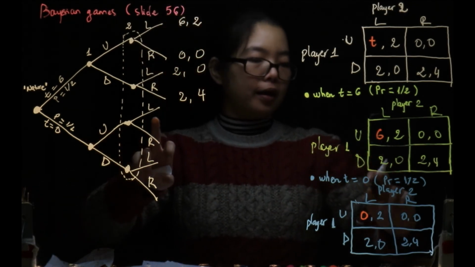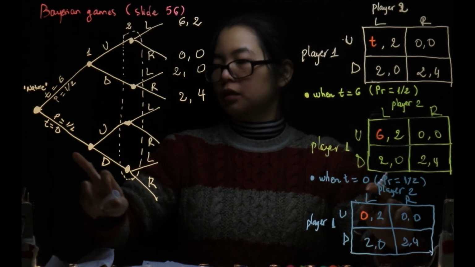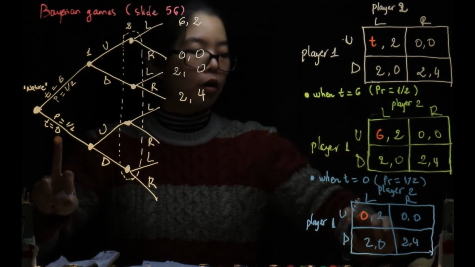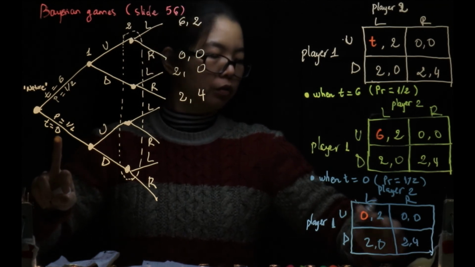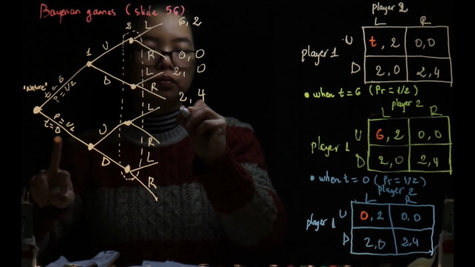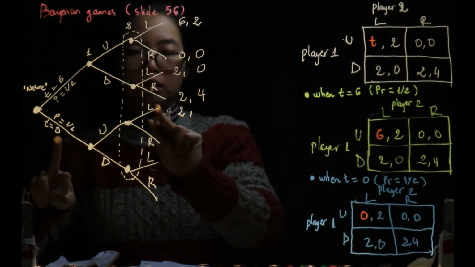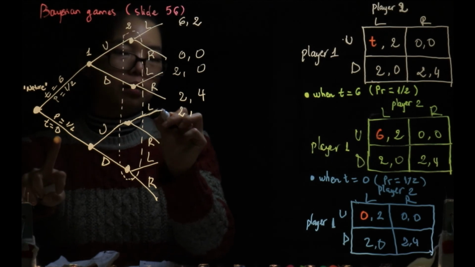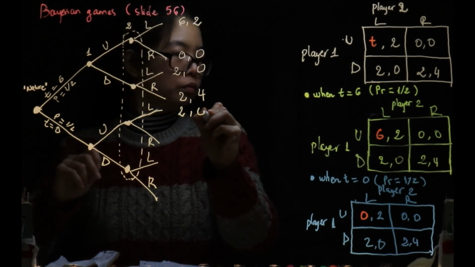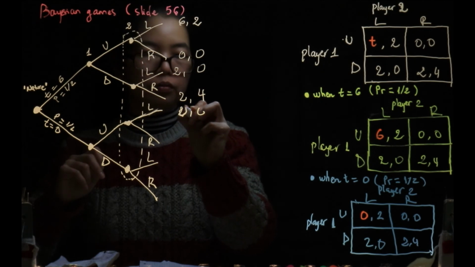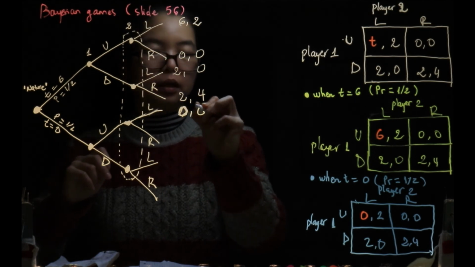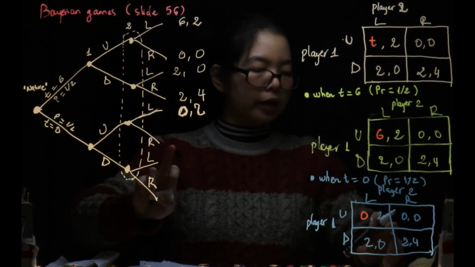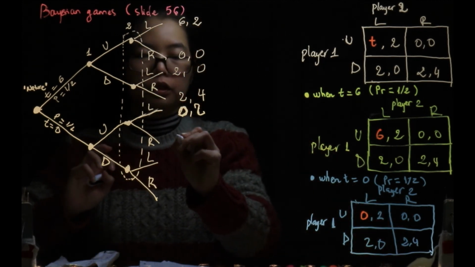And now it comes to the next main branch, the other one where T equals 0. So up, left will be 0, 2. Up, right, 0, 0.